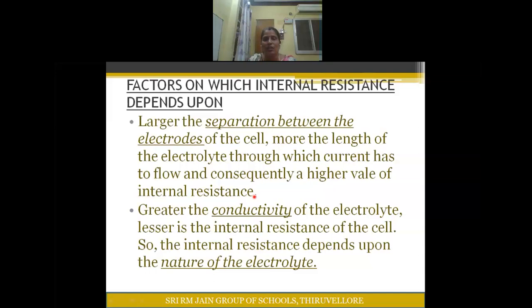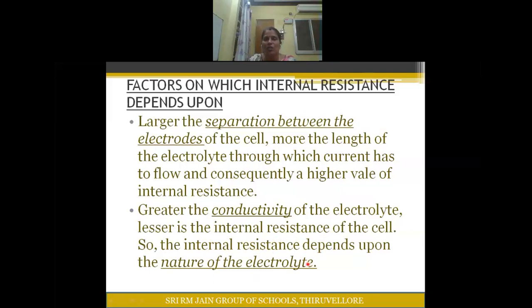Actually, we know that resistance is directly proportional to length and inversely proportional to the area. So the separation between the electrodes, that is the positive and negative electrodes, should be very less. They should be very close. And the greater the conductivity of the electrolyte, the lesser is the internal resistance of the cell. So the internal resistance also depends on the nature of the electrolyte.